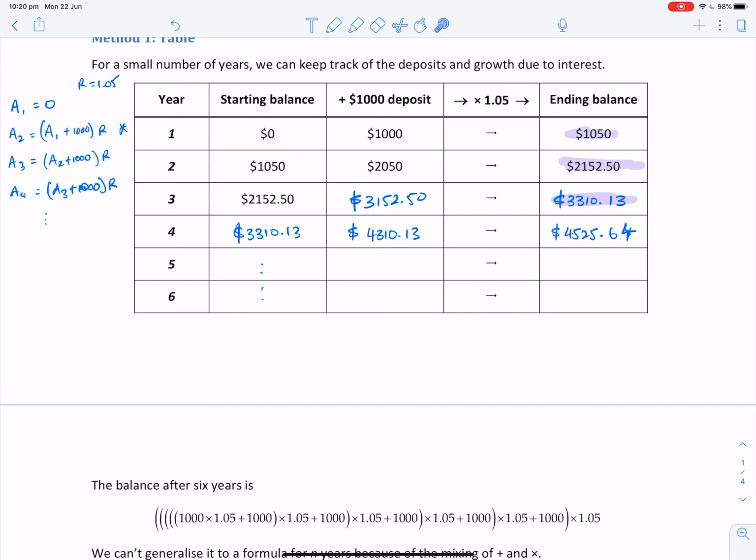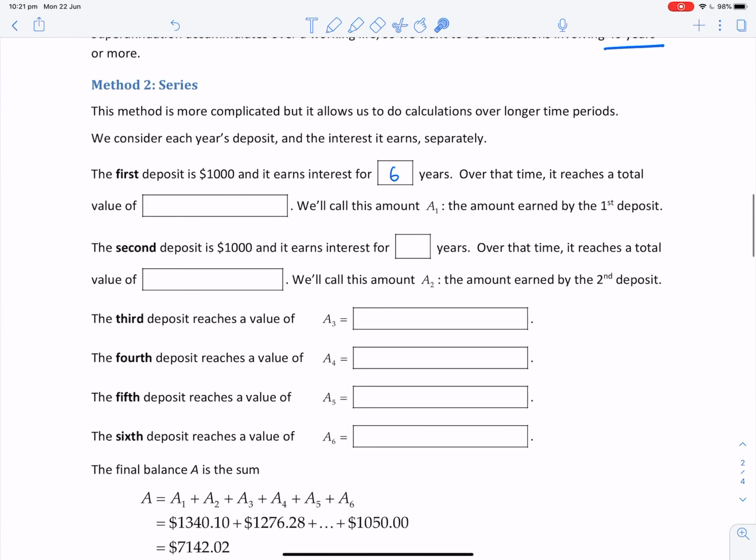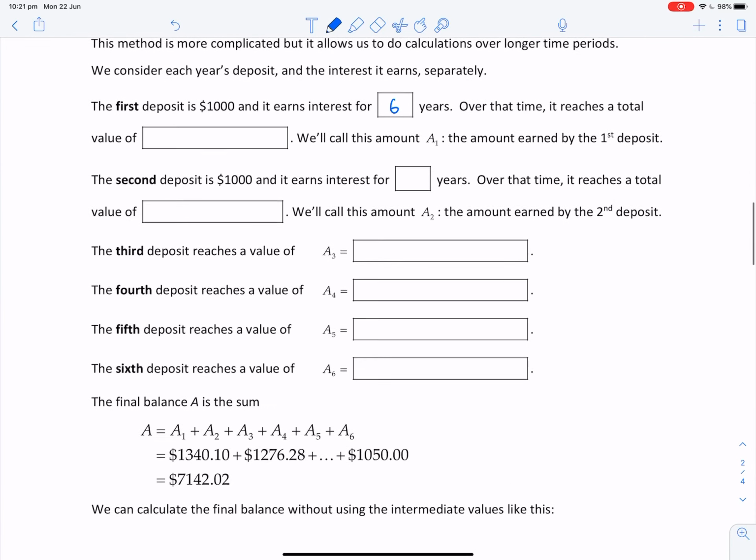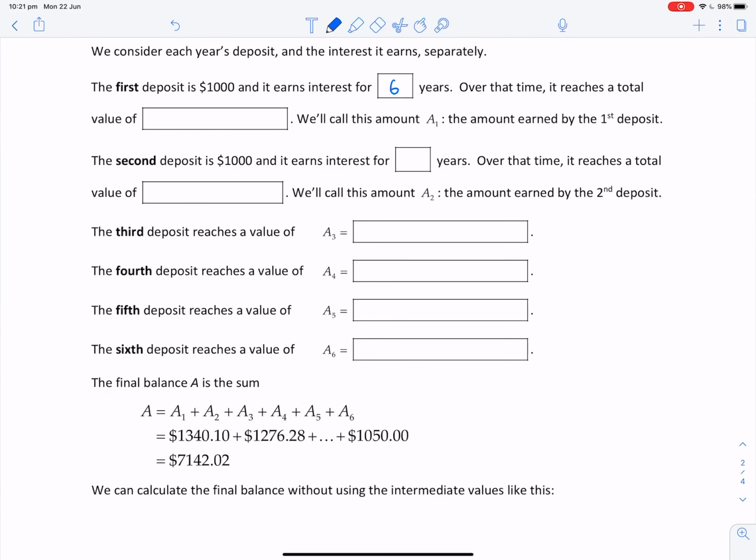deposit was multiplied by 1.05 here, and here, and here, and here, and here, and here. And we're talking about the balance after 6 years, and we started at 1, so that's this. Okay, so yes, I'm satisfied, and we always need to check. I'm satisfied that this earned interest for 6 years.